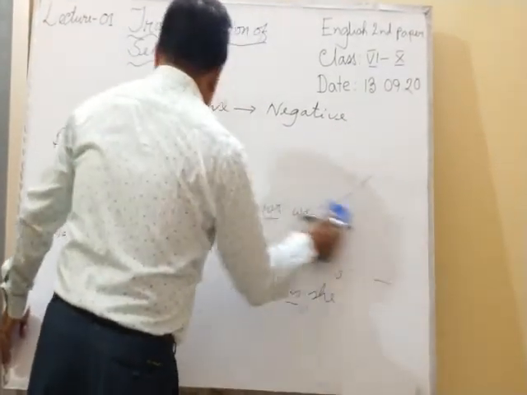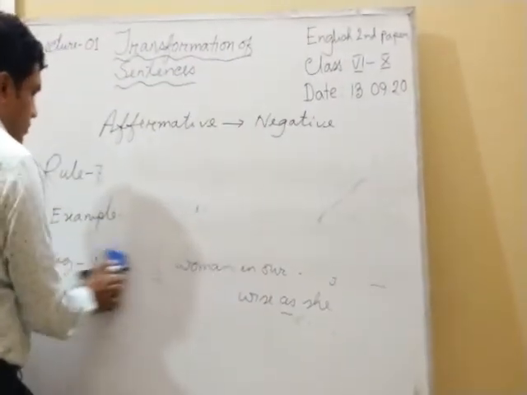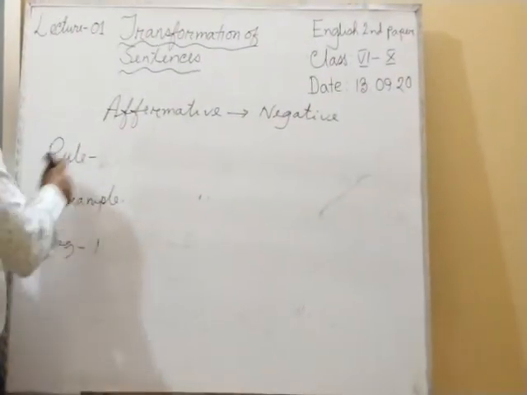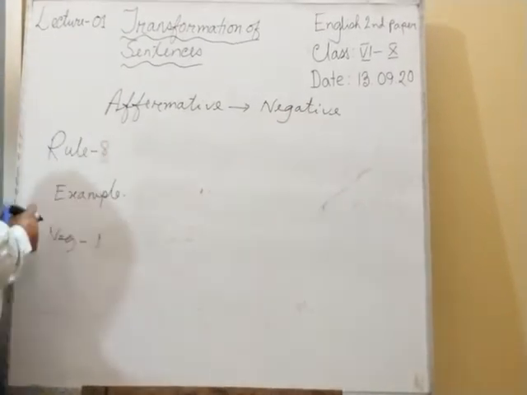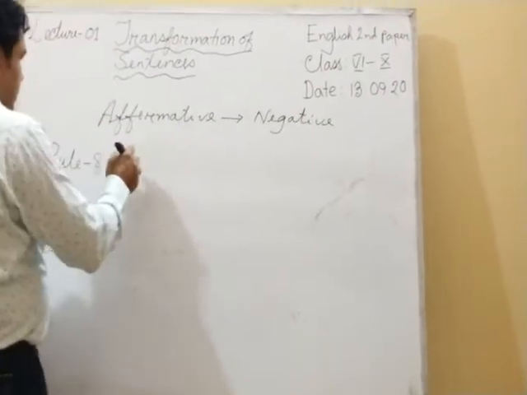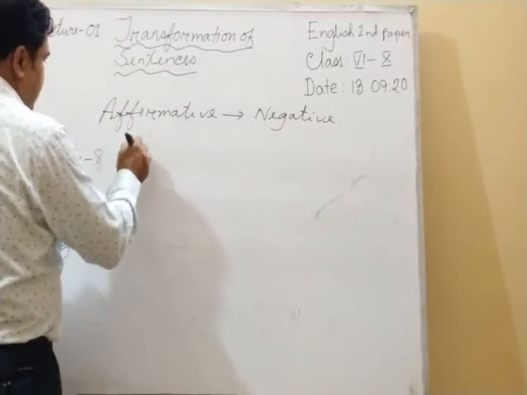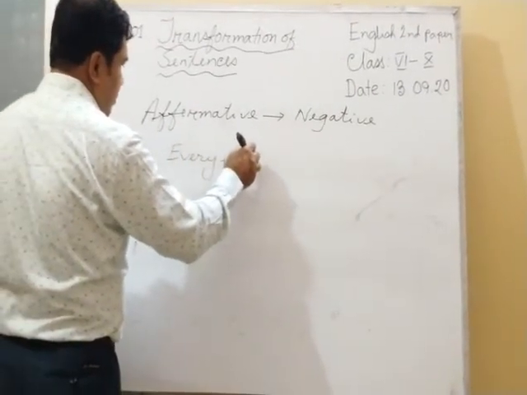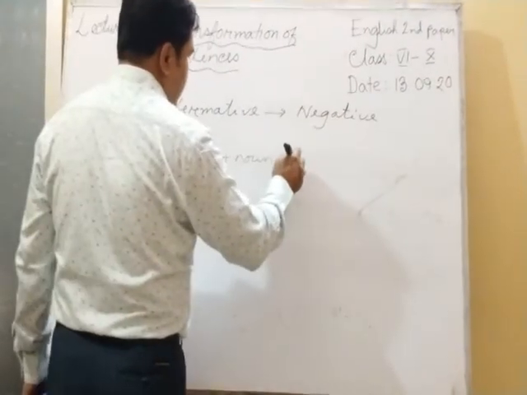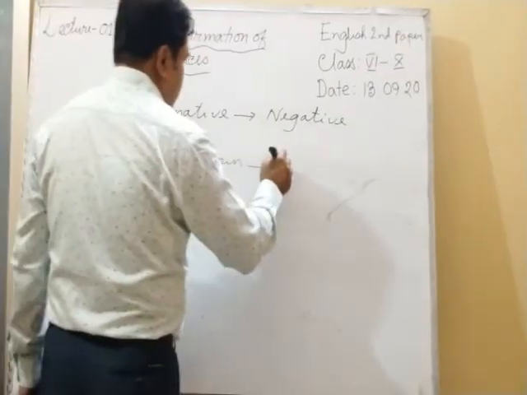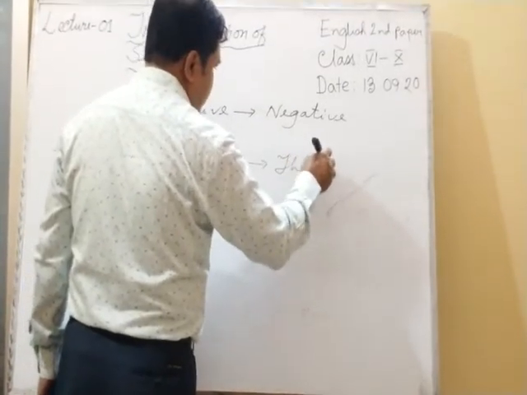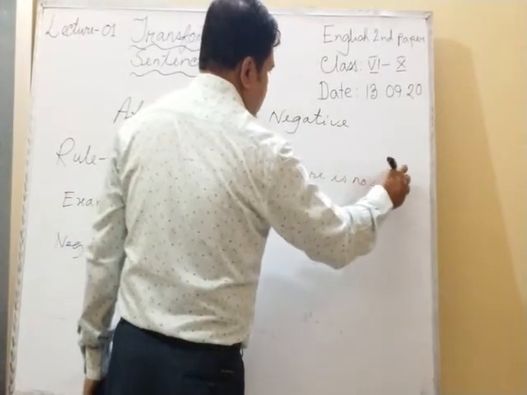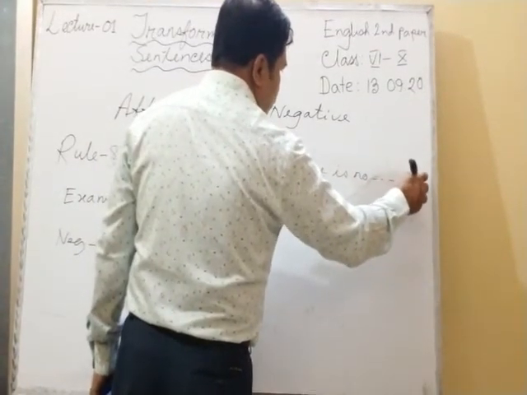Rule number 8. Every plus noun. There is no... but or who.